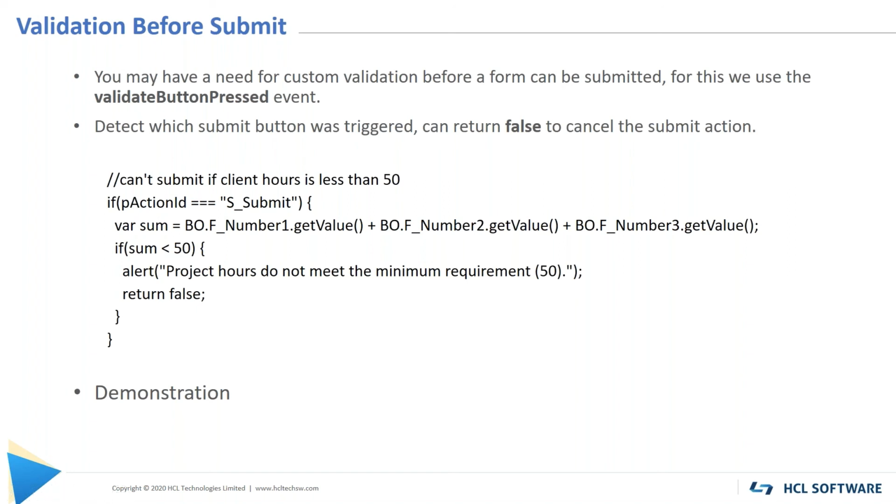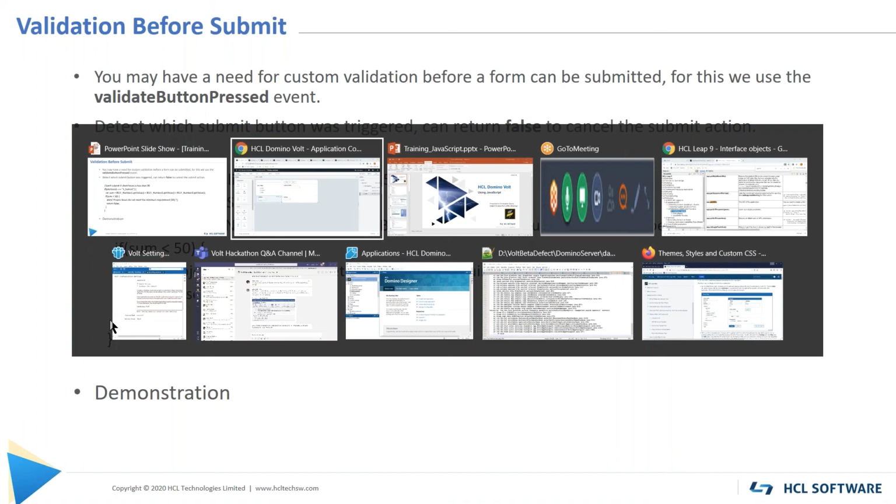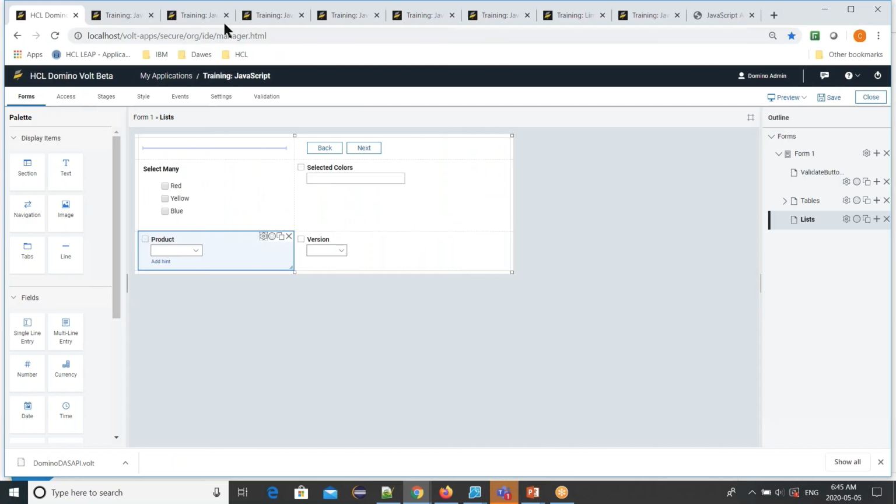So now we can actually do something. We can say, okay, if the P action ID was equal to this particular submit button, then let's check something. In this case, I've built an example that just says, do they have the minimum hours to meet the requirement? And so let's pop back over here.